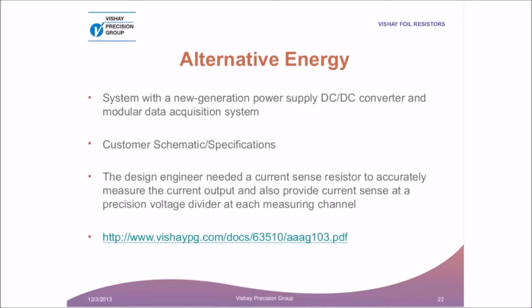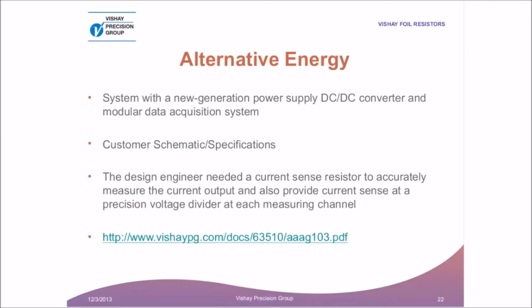Another existing, rapidly developing and emerging application is alternative energy. So here we're talking about solar power or wind power. We have an example here of a customer who was designing a new generation power supply, a DC-DC converter, and a modular data acquisition system.